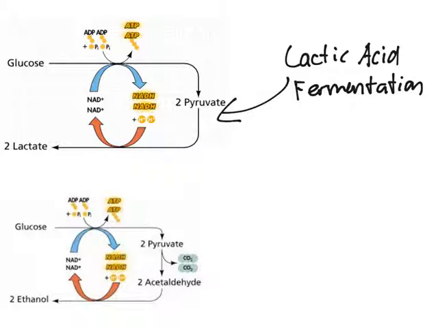And so essentially, if you ever get sore after working out or whatever, your body isn't getting enough oxygen, and so as a result you make lactic acid, and lactic acid contributes to the soreness you feel in your muscles. And so here we have a different type of fermentation. It's called alcoholic fermentation.